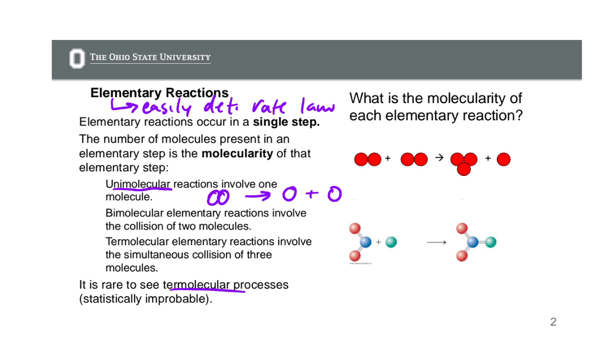Each of these diagrams on the right-hand side of the slide are representing bimolecular reactions. So we have two molecules colliding to form two other molecules. We can have two molecules or a molecule and an atom colliding to form one species.